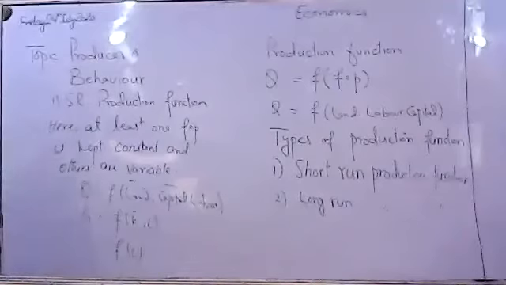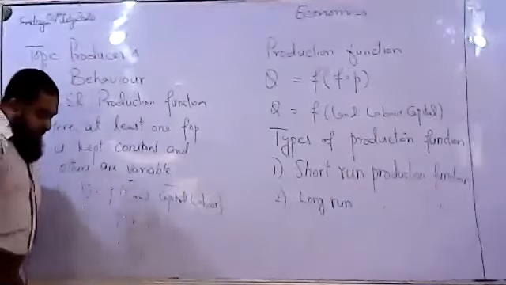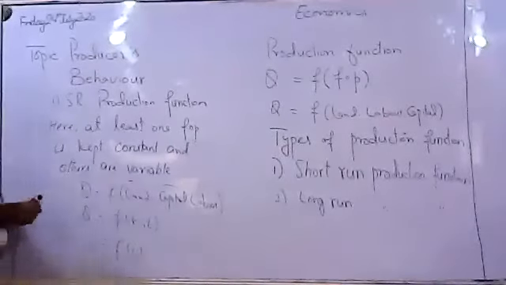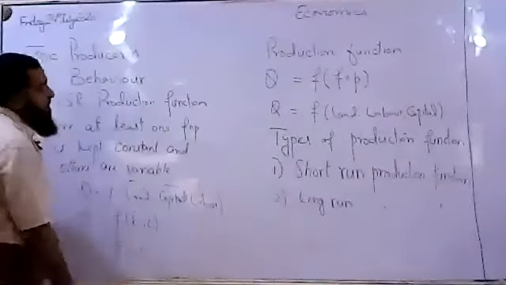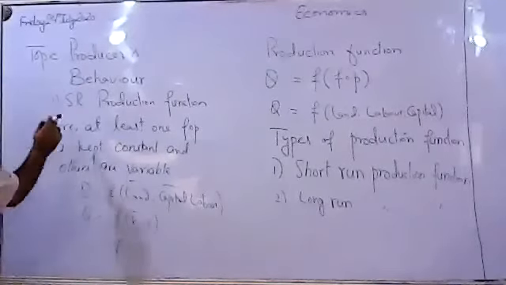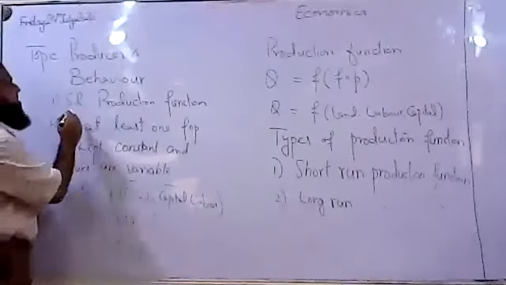So we say a production function in which the producer can vary the level of output by changing the variable factor of production, and fixed factors are not going to be changed. That production function is called a short run production function.